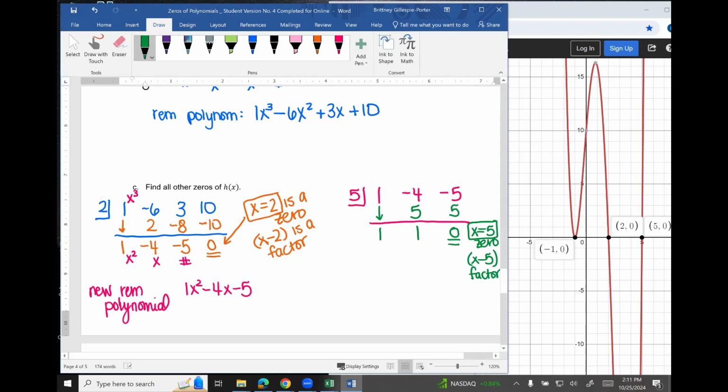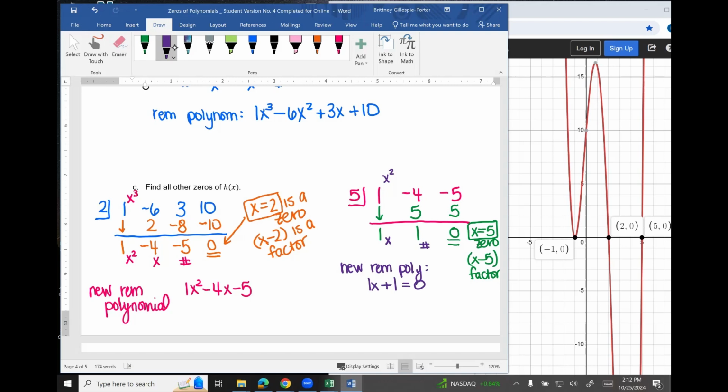But this isn't done yet. A lot of students stop here, which is why I went this method. Because we had an x squared, this is an x, and then we have our number and remainder. So our new remainder polynomial is going to be 1x plus 1. Set it equal to 0 because we're finding a 0. We're finding an x-intercept, a root, a solution.